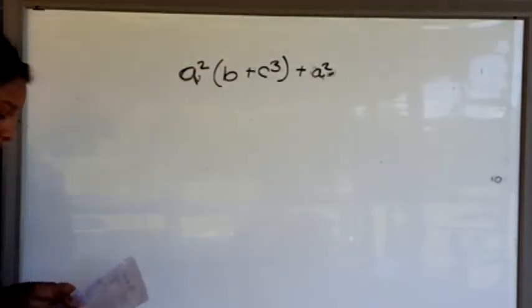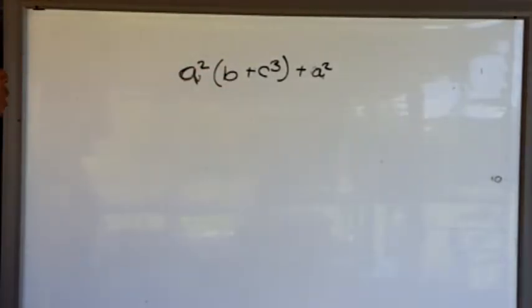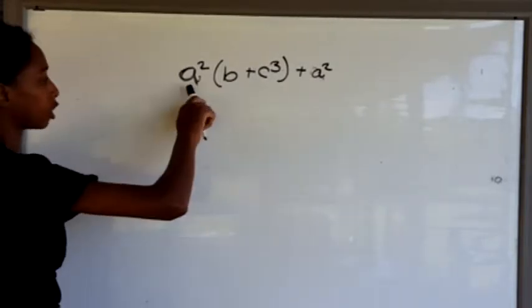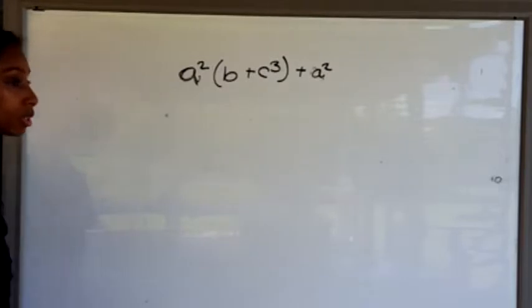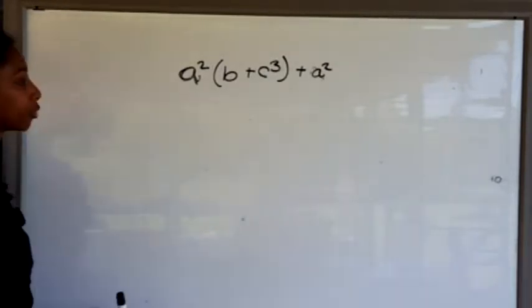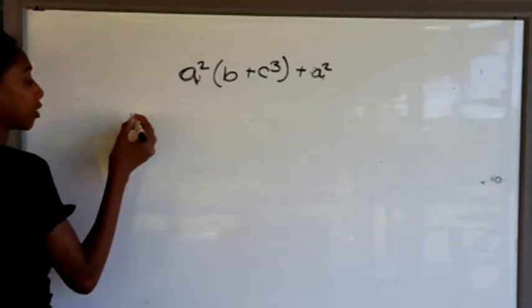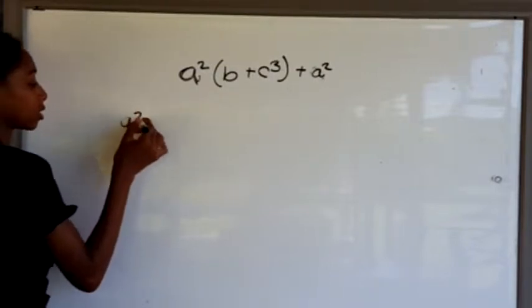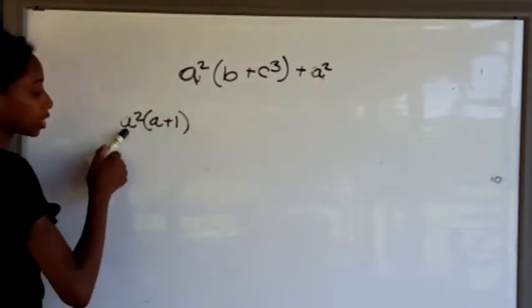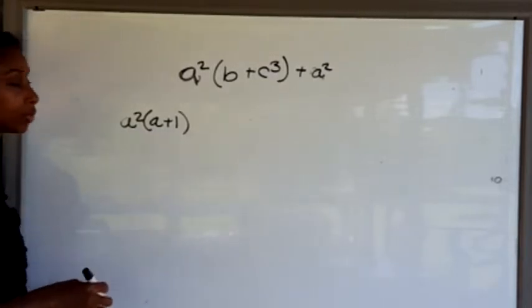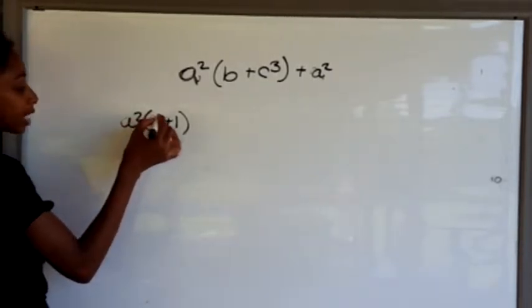Alright, so doing the distributive property, like we've been doing, we will multiply a squared times b and a squared times positive c cubed. Before, if we had a squared times a plus 1, we would add the exponents.